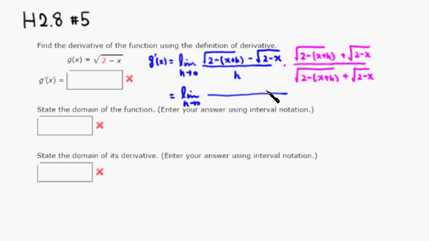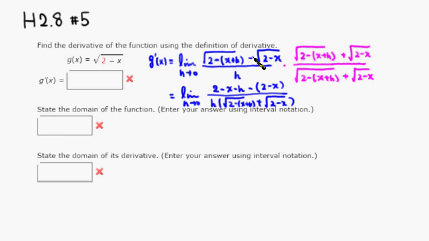And on the bottom we have h times square root of 2 minus x plus h, plus square root of 2 minus x. Right? So if you multiply the tops out, you're going to get the first term squared, which is 2 minus x. I'm going to just distribute the negative sign, negative h, minus this guy squared, which is 2 minus x.